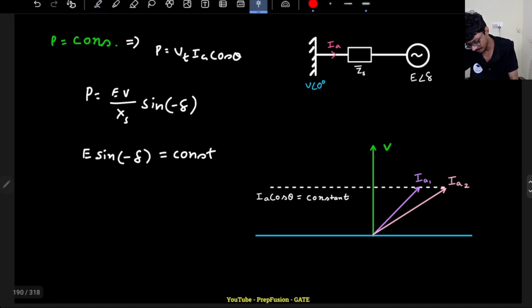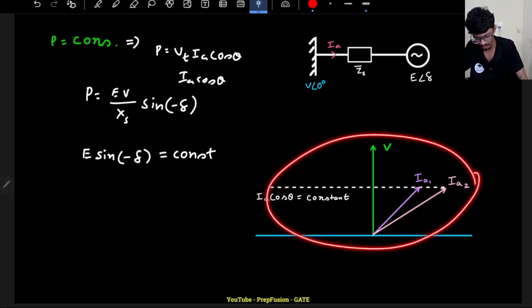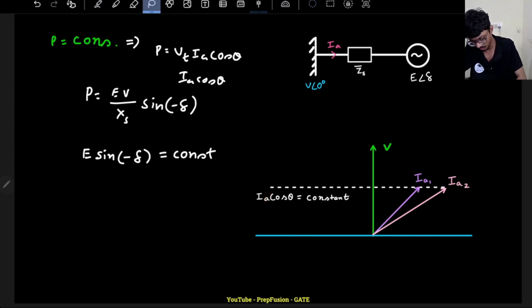Two things have to be constant here also. If P is constant and Vt is constant, then Ia cos theta will also be constant. Same thing as we did for the generator. So here Ia cos theta will be constant.